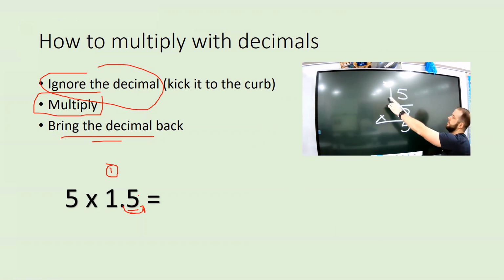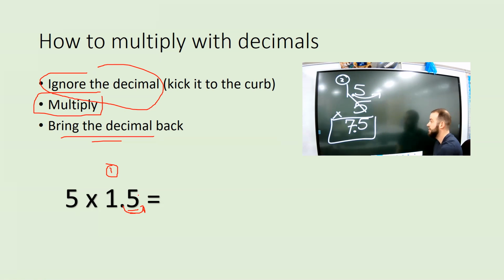And then 5 times 1 is 5, plus 2 is 7. So that answer is 75. And now all we have to do is bring the decimal back. So when it was 1.5, the decimal got moved over 1, so it comes back, so there's still 1 number after it. So 5 times 1.5 is 7.5. 7 and 5 tenths.